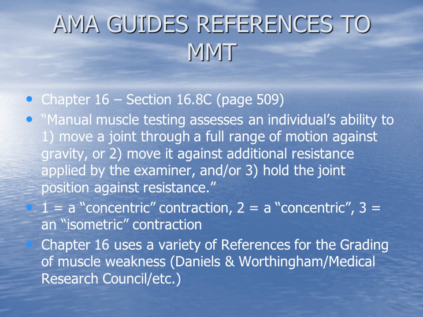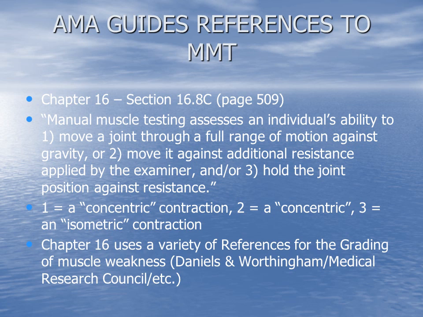For example, with reference back to that quote on page 509, where it says manual muscle testing assesses an individual's ability to, number one, move a joint through a full range of motion, that involves concentric muscle contractions. Well, what about when we hold the joint position against resistance?